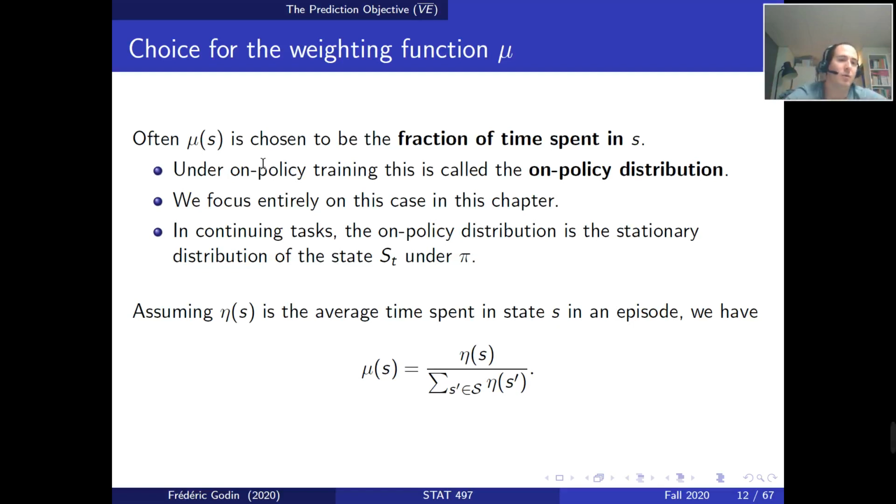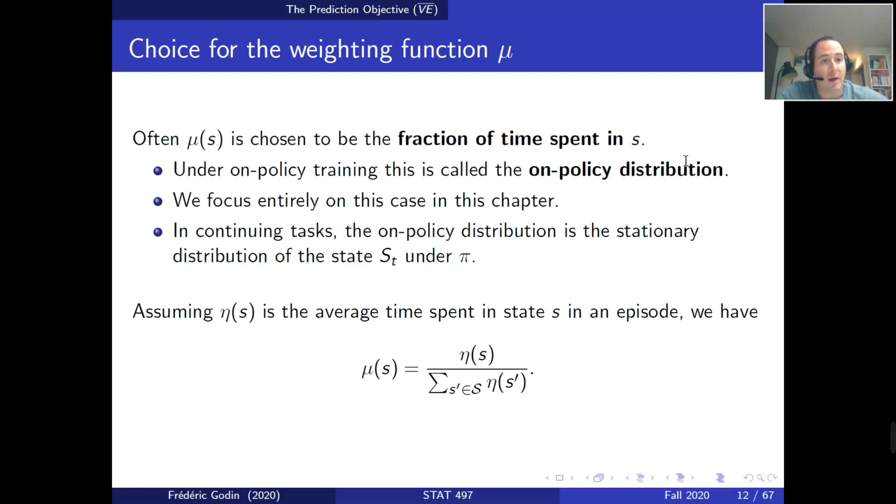If you are in a control problem, for example, and you refine pi, then for your current pi that you use to simulate episodes in on-policy methods, this distribution mu is known as the on-policy distribution. It's the fraction of time spent in state S using the policy that you currently use to generate episodes.